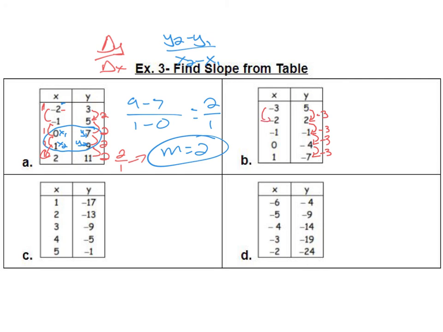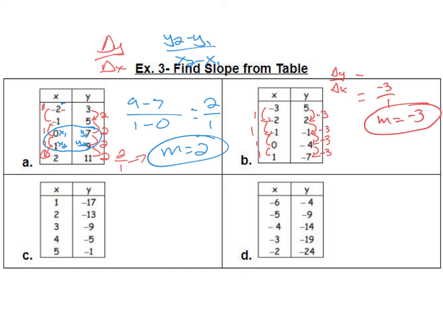So negative 3 to negative 2, that is a plus 1. That's another plus 1, negative 1. All of these are plus 1. So if you're just looking at change in y over change in x, we could just say our answer is negative 3 over 1. So our slope must be negative 3.